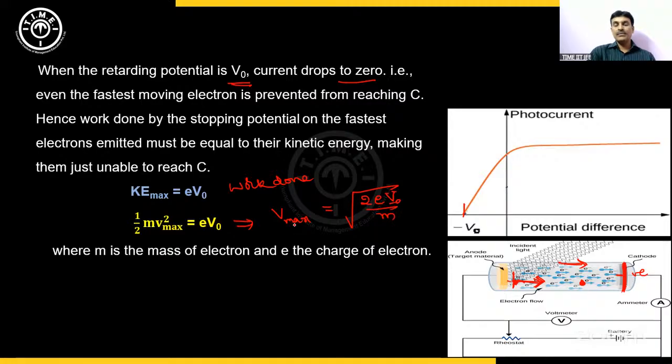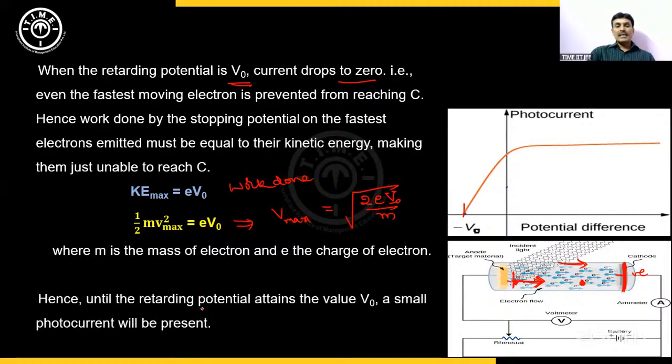That will be the maximum velocity of the electron, root 2 e V0 by m, where V0 is the stopping potential, m is the mass of the electron and e is the charge of the electron. Understood? Yes.